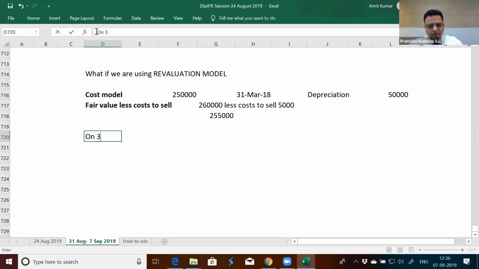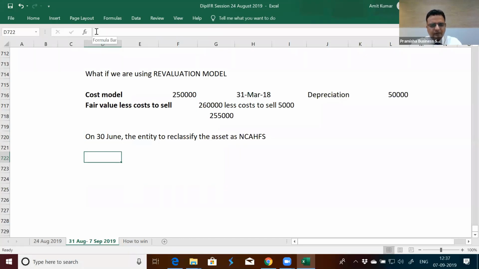And on 30th June, the entity decided to reclassify the asset as non-current asset held for sale. And I've said to you that on the date of classification, we need to value it on existing measurement basis.